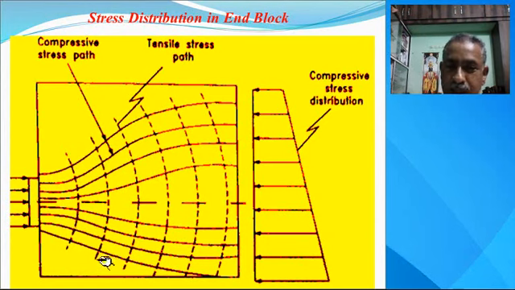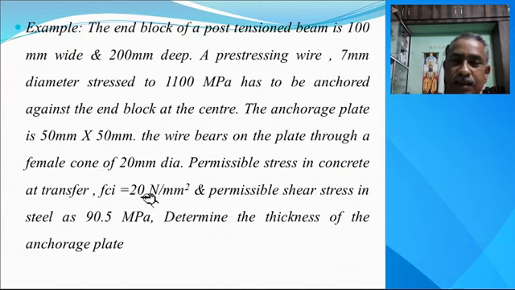Before the end of the total effective depth d, the stress distribution is like this, compressive stress distribution. And when this total distance is equal to d, that means at the end of the end block, the stress distribution is even.